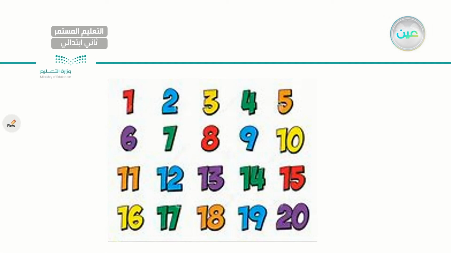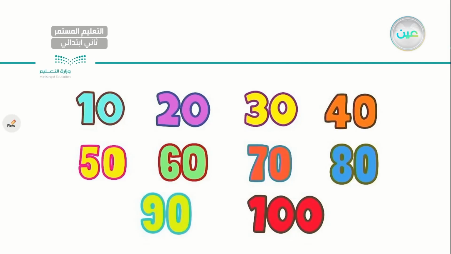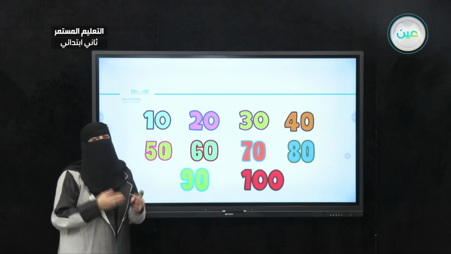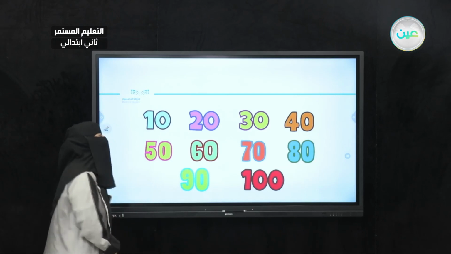1, 2, 3, 4, 5, 6, 7, 8, 9, 10, 11, 12, 13, 14, 15, 16, 17, 18, 19, and 20. Very good, my dear student. So, now I will introduce numbers by tens briefly because we are going to have them lengthily in the next lesson.